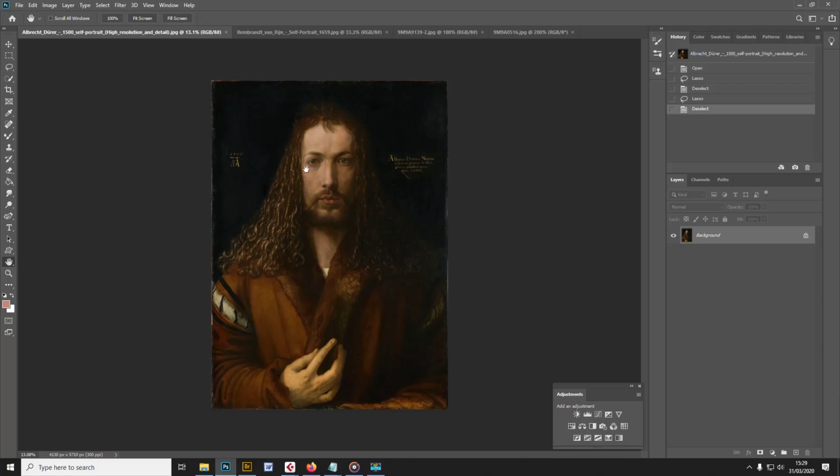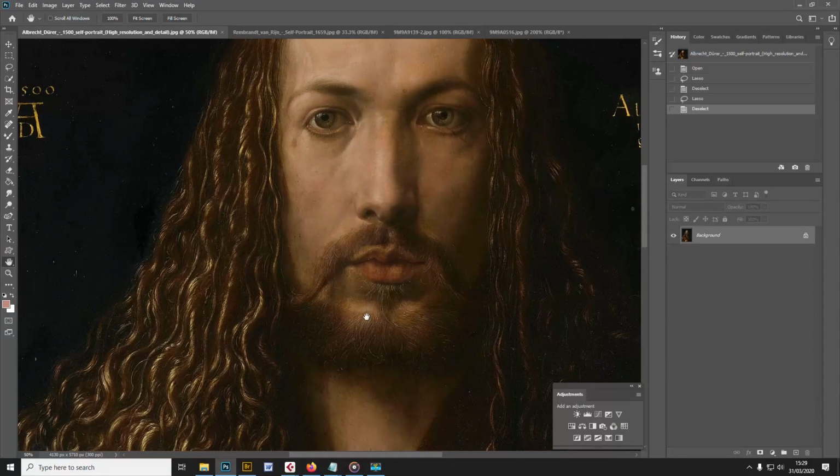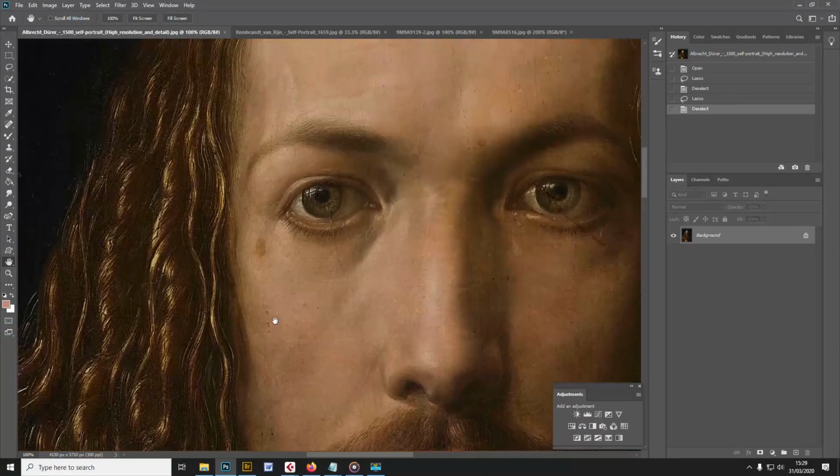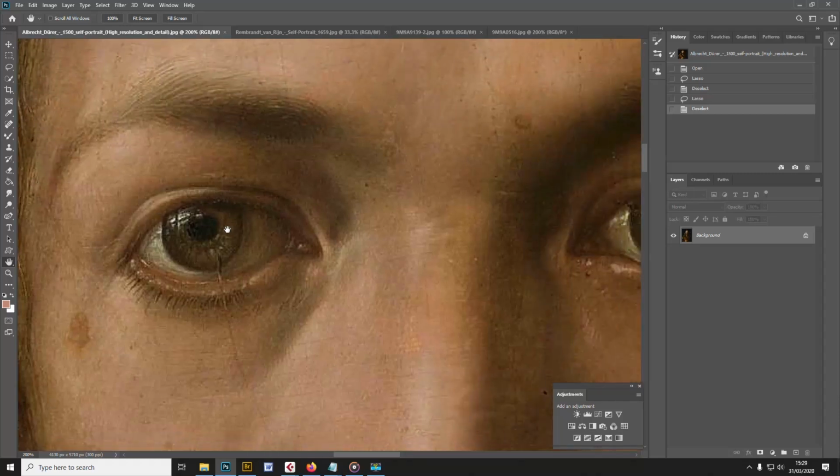You would most probably have the same sort of impression we're getting here, which is, yes, there is a catchlight, but no way would you be able to appreciate the incredible detail that he's applied to it.